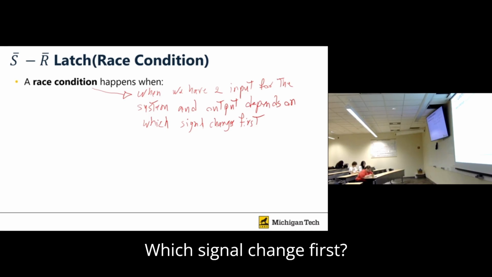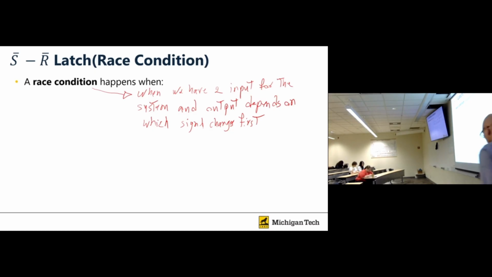Which signal changes first? So this is called a race condition. This is the definition of race condition.